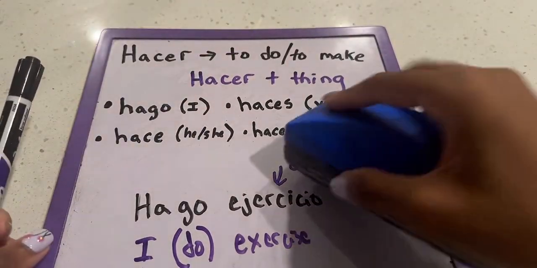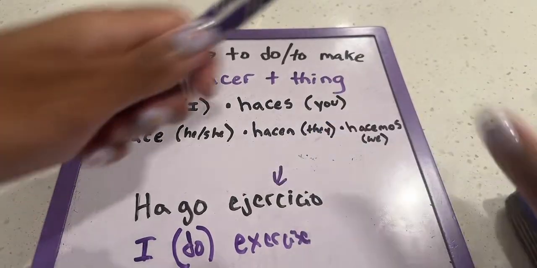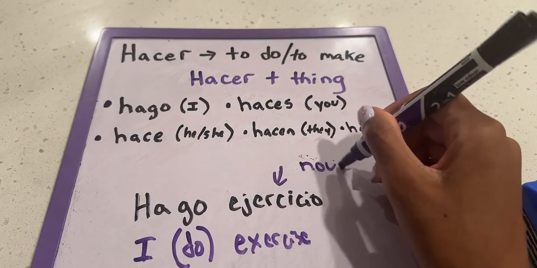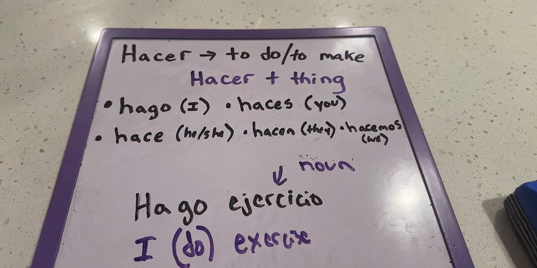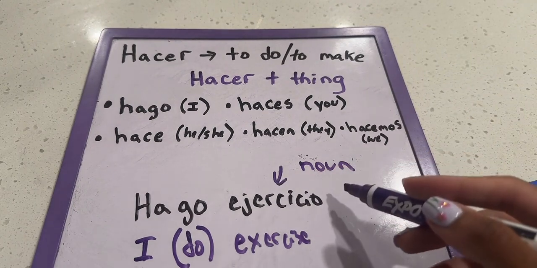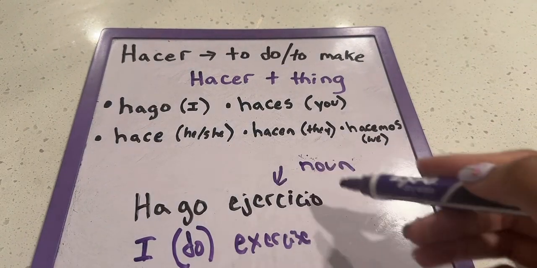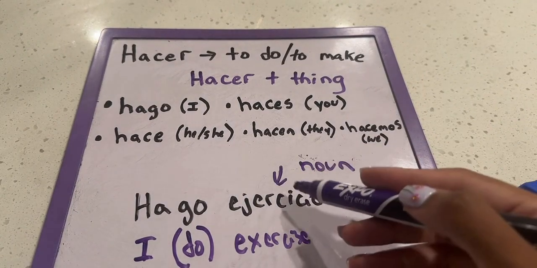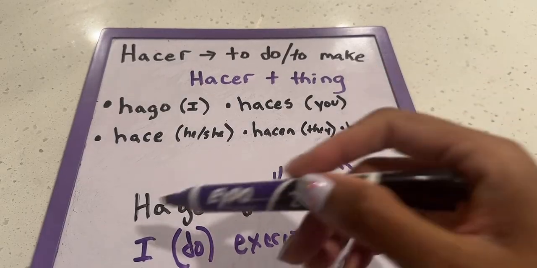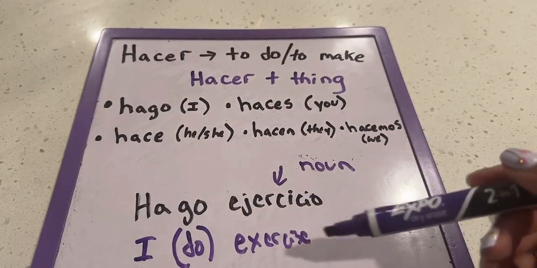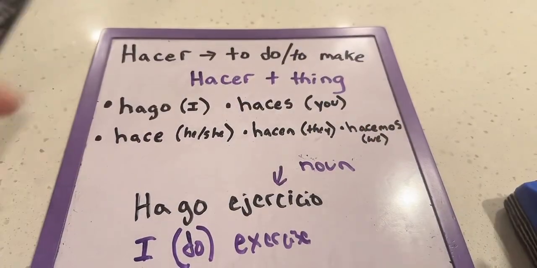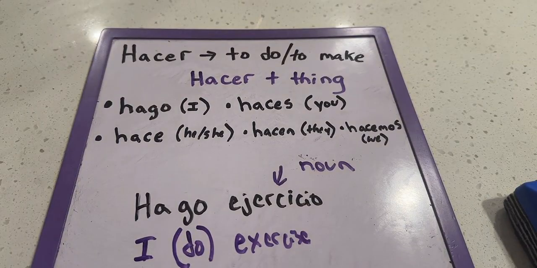Yeah, not bad. More like a noun, because a noun is a person, place, or thing. So when we say hago ejercicio, we're not trying to say "I do to exercise" like it's a verb. Ejercicio is being seen as a thing or a noun. So it's more like, oh, I do exercise or I work out, something like that. So that's just how it is.